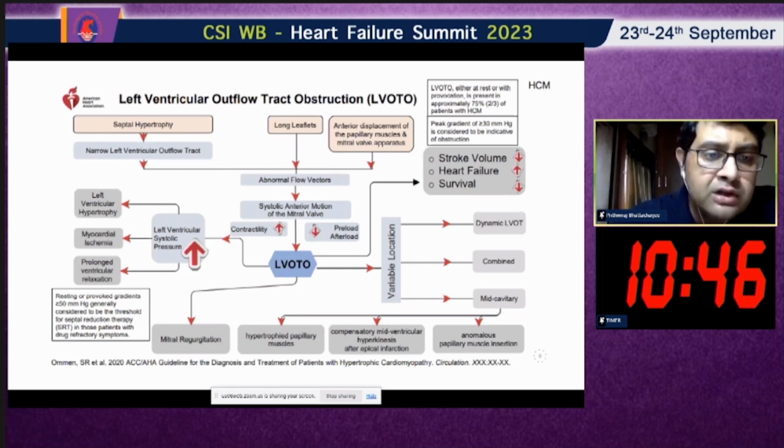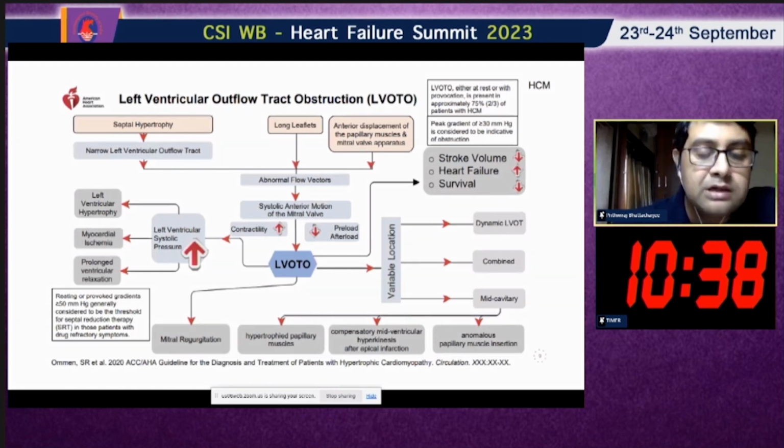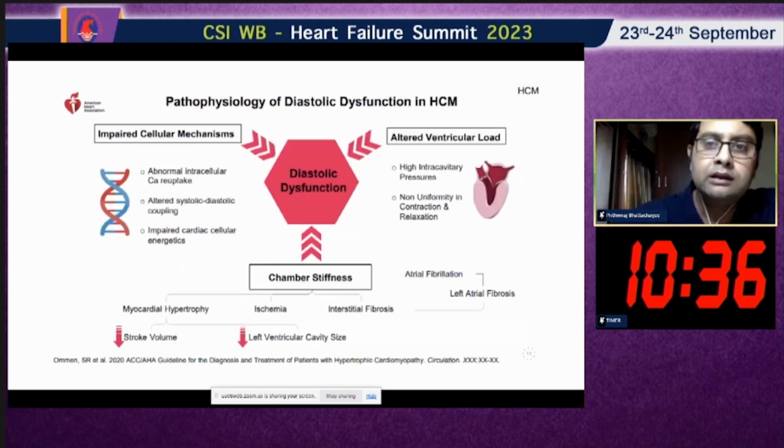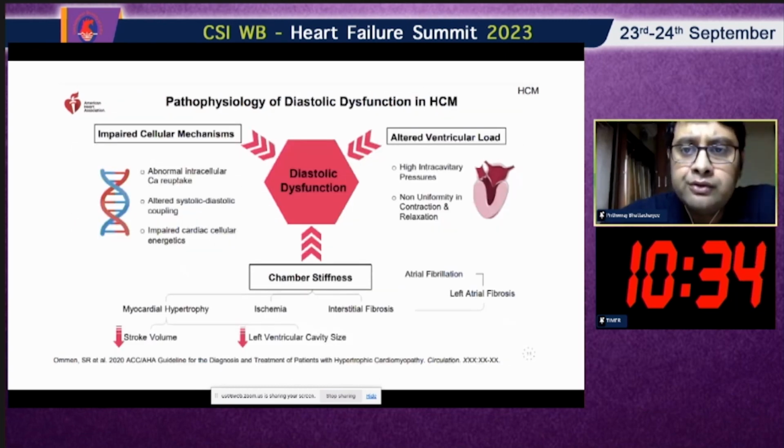A resting or provoked gradient of more than 50 millimeter of mercury is generally considered the threshold for septal reduction therapy in patients who are drug refractory. In diastolic dysfunction, if we look at the pathophysiology, these patients have impaired cellular mechanisms with altered systolic-diastolic coupling and impaired cardiac cellular energetics, and altered ventricular load because of high intracavitary pressure and non-uniformity in contraction and relaxation.